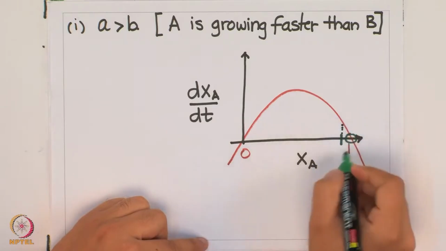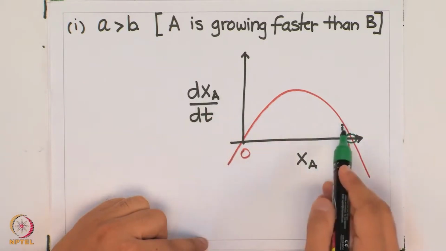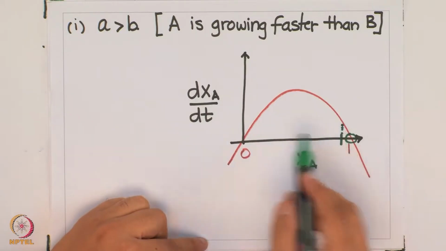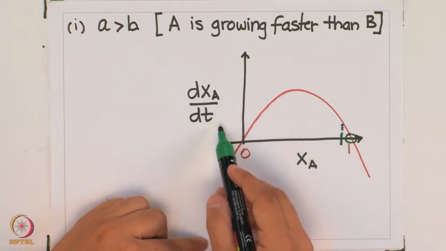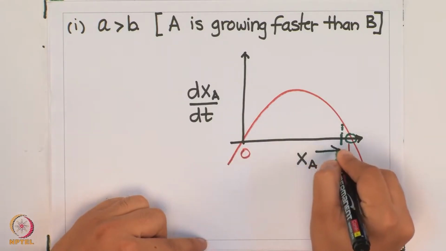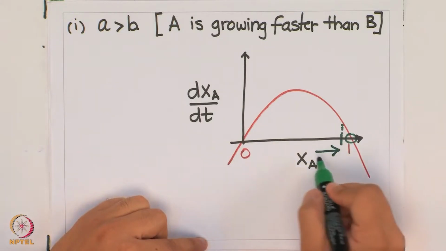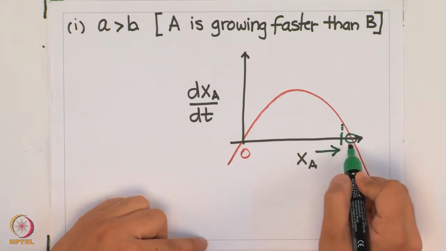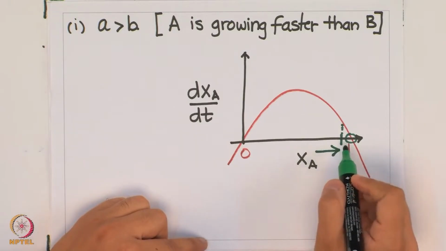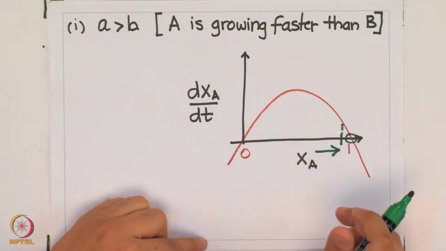I note that the sign associated with dxa by dt is positive, which means xa increases as time increases, and hence the system wants to move towards increasing values of x as we move forward in time. So, approaching from the left hand side, the system wants to move back towards the steady state from which it was disturbed.